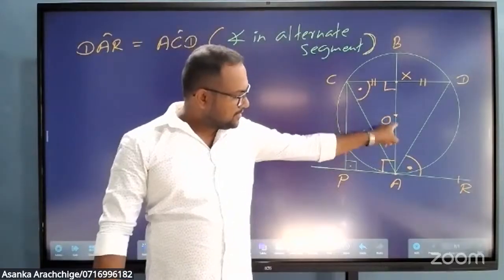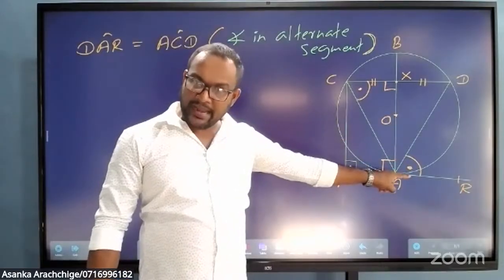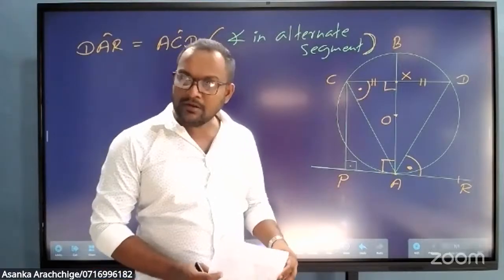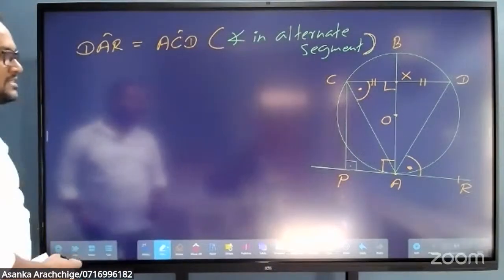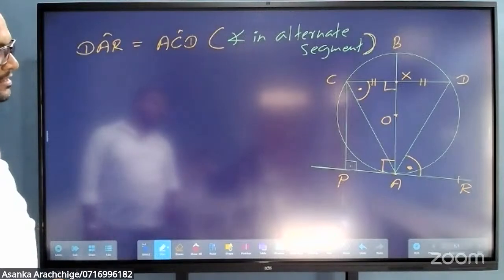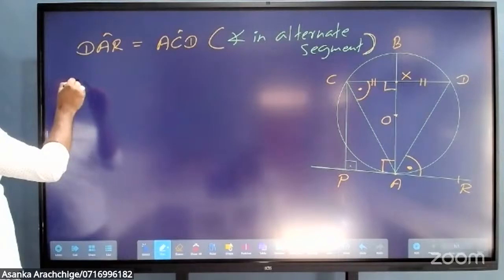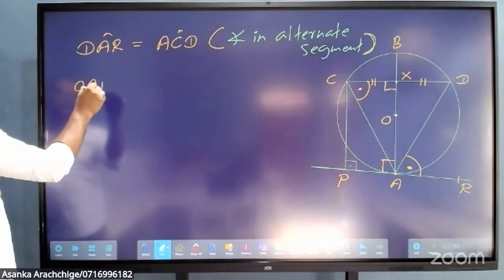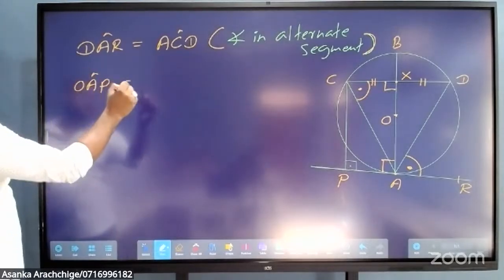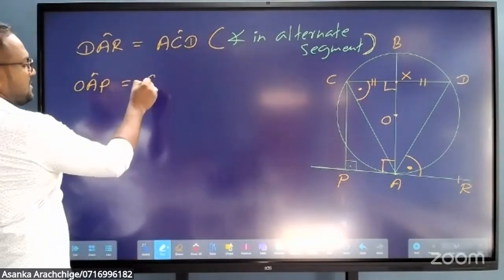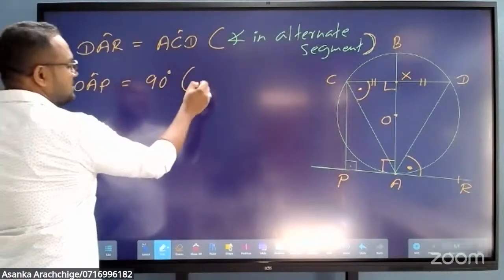Because the radius drawn at the point of contact is perpendicular to the tangent. You can say angle OAP must be equal to 90 degrees, right?